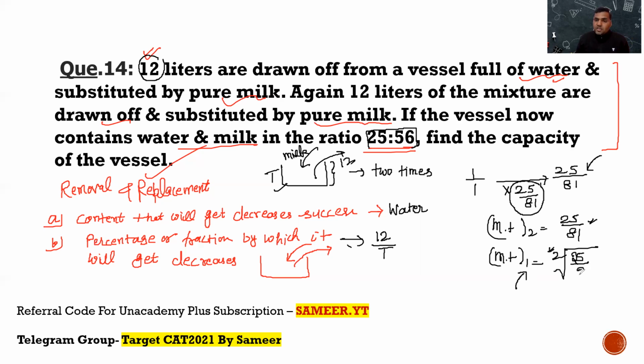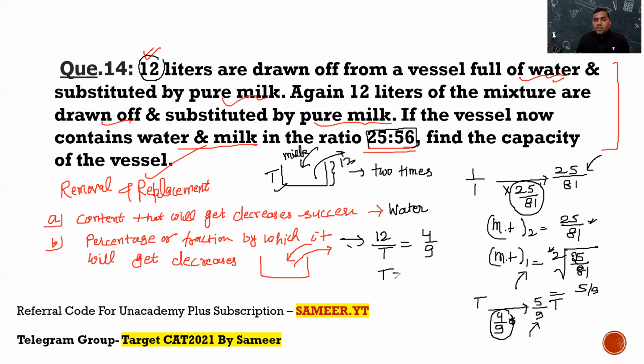So my total quantity of water becomes 5/9 times its initial quantity after doing the operation once. That means I'm removing 4/9 of the total in my first attempt. So the fraction by which the water quantity decreases in one removal and replacement is 4/9. That is, this value is equivalent to 4/9.